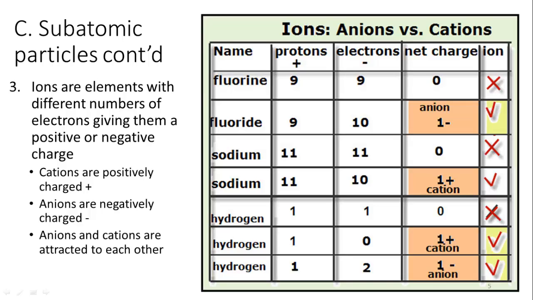Anions and cations are then attracted to each other and can form ionic bonds. That's because opposites attract and because they want to form a stable charge. So together, a cation and an anion can get together and create a neutral charge.